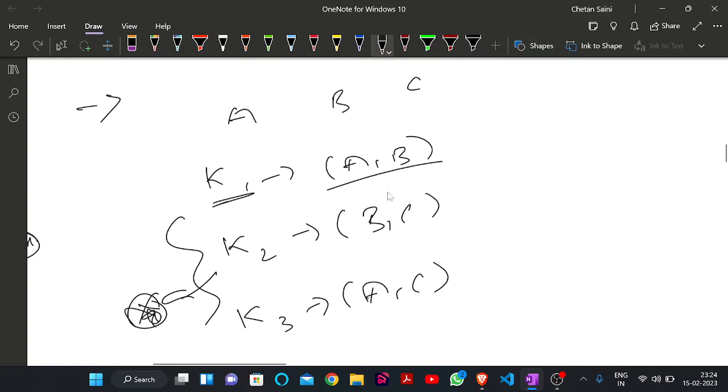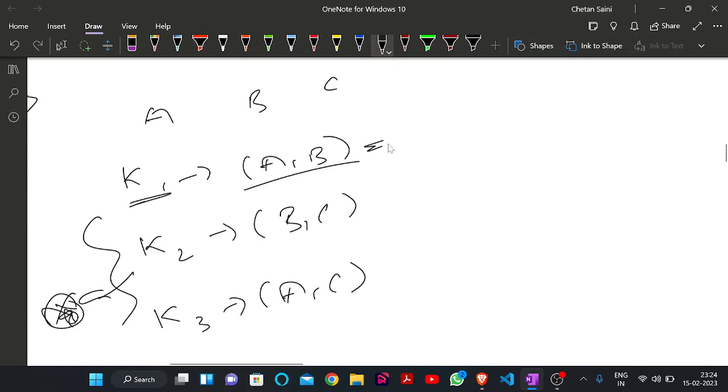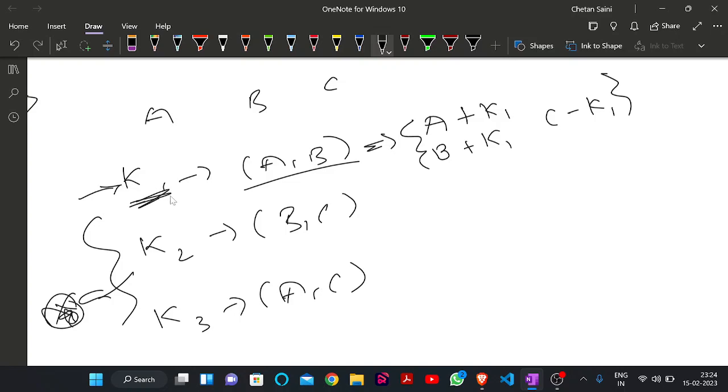But let's not discuss that. We can think like if we select K1 times A and B, what will be the impact of this? A will be A plus K1, B will be B plus K1, and C will be C minus K1. This will be the impact of this operation K1 times.